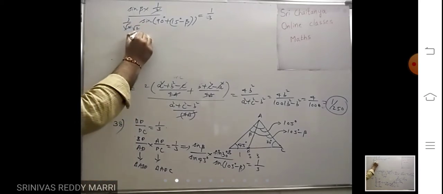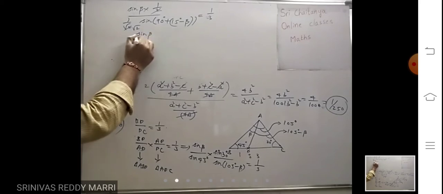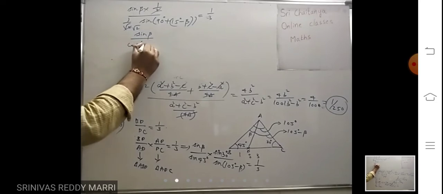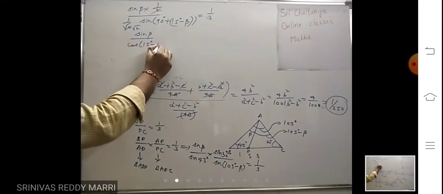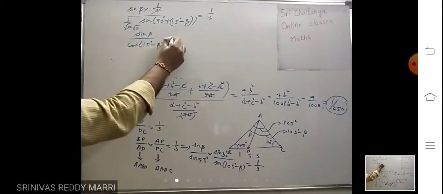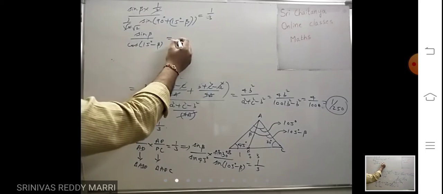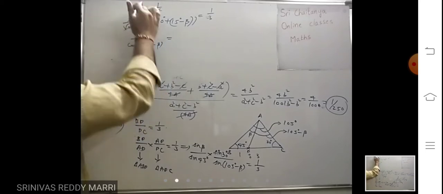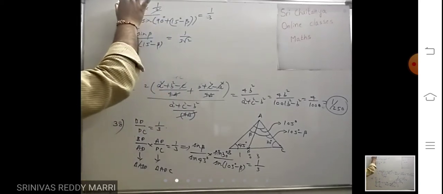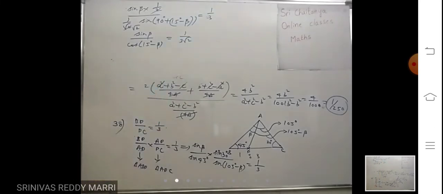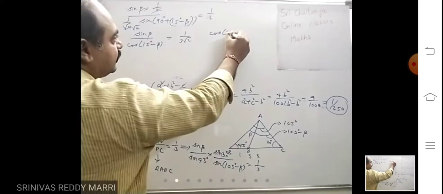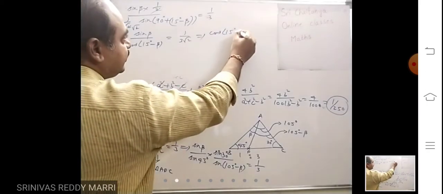So therefore sine beta divided by cos of 15 degrees minus beta, since sine of 90 plus theta is cos theta. This root 2 will come up, that means 1 by 3 root 2. So I am writing the reciprocal: cos 15 minus beta.